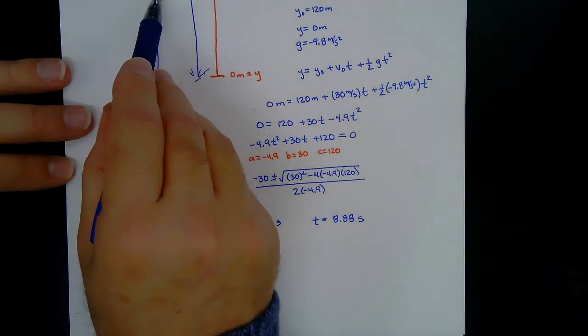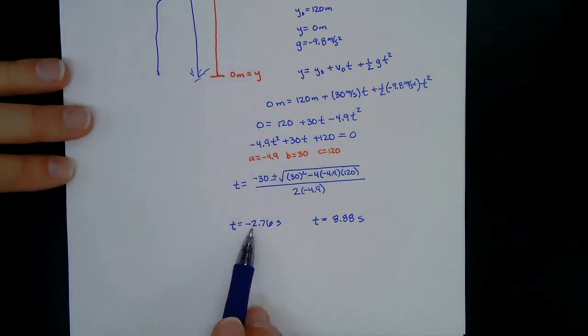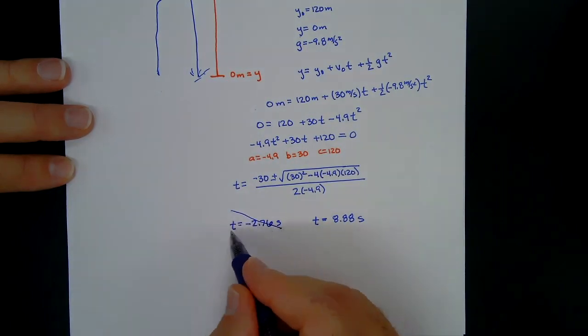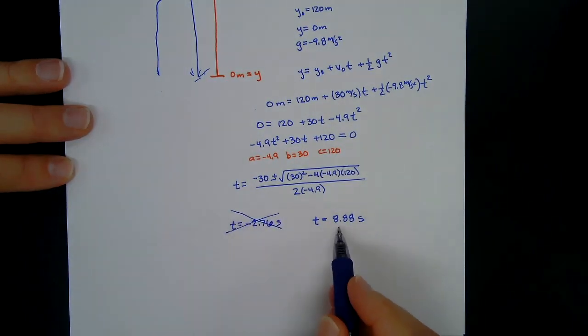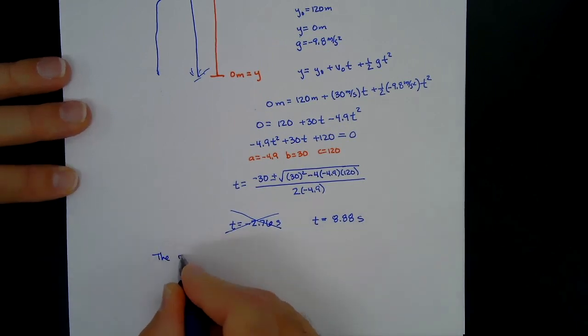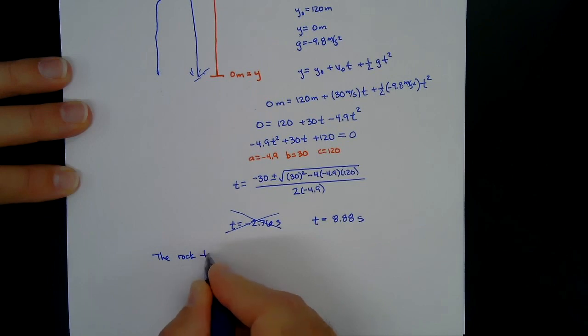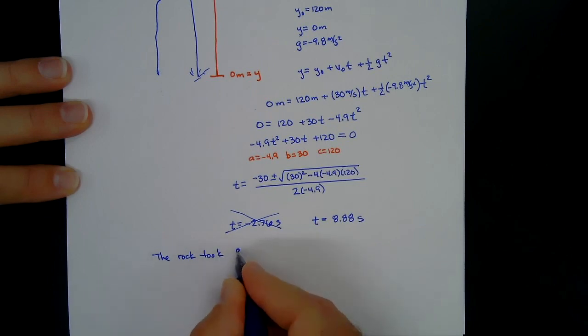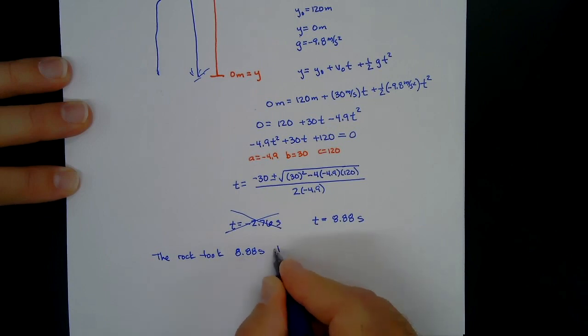That's when the time started. So it can't be negative. So this isn't going to be a solution, okay? And it's only going to be this one. So this is how long it took the rock to reach the ground. The rock took 8.88 seconds to reach the ground.